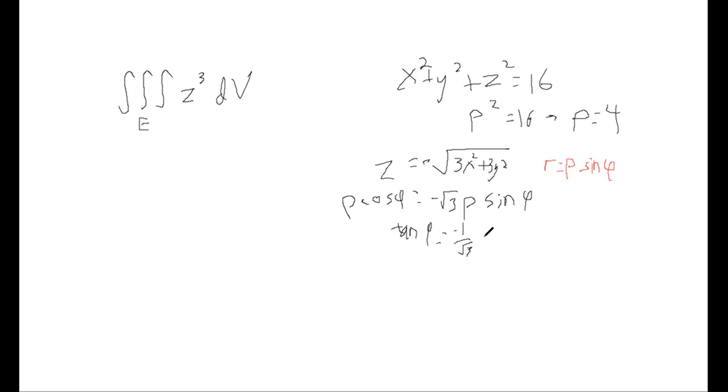And this is true for phi between 0 and pi, at 5 pi over 6. And based on the shape that we're looking for, phi needs to be between 5 pi over 6 and pi.